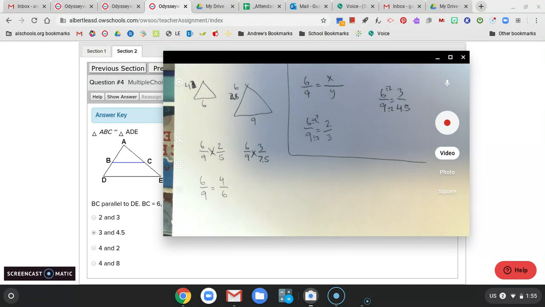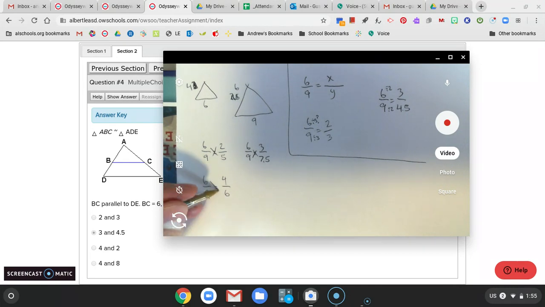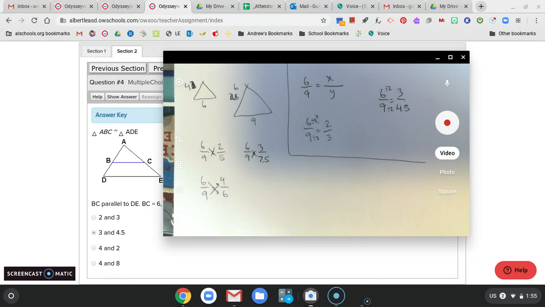So another option that we have is we can cross multiply with a proportion. The way that works is we do 6 times 6 is 36. 9 times 4, also 36. Hey, that worked. 36 actually equals 36.